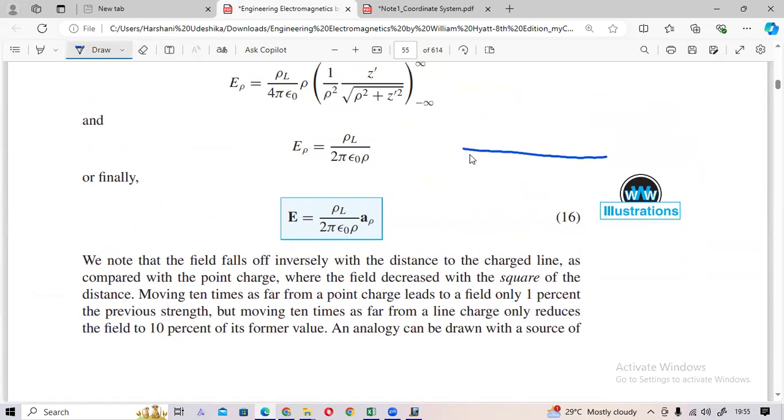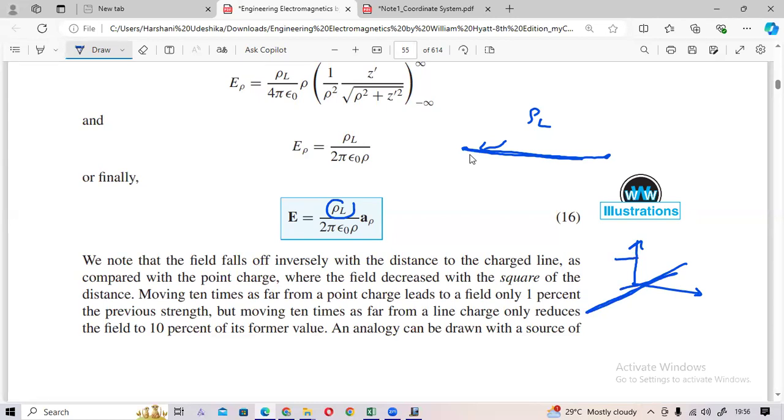If you are given any line charges, normally it is denoted by rho L. This is the line charge rho L. If you consider this, for example, let's say that this line charge is on the z-axis.